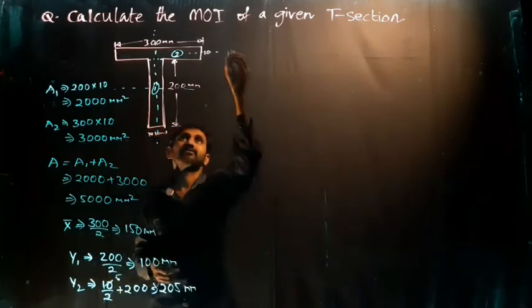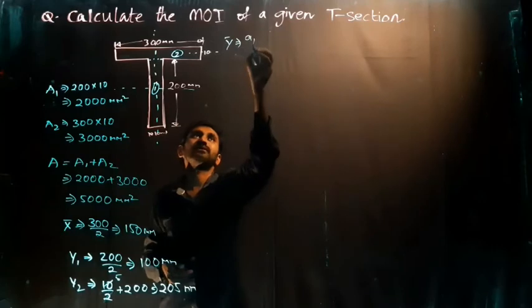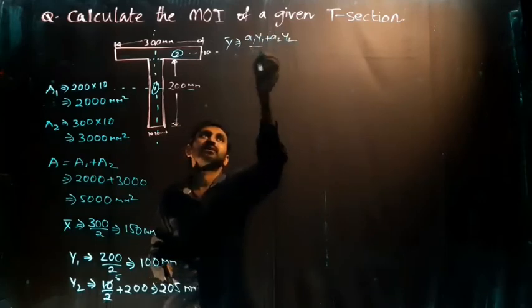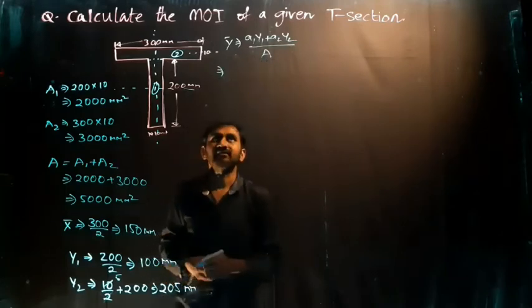Then I need to calculate y bar. What is y bar? I have a formula: A1 y1 plus A2 y2 by capital A. What is A1 here?